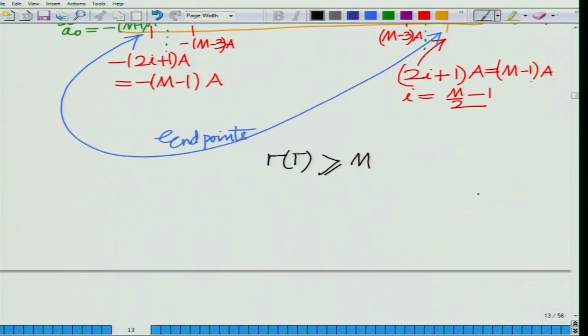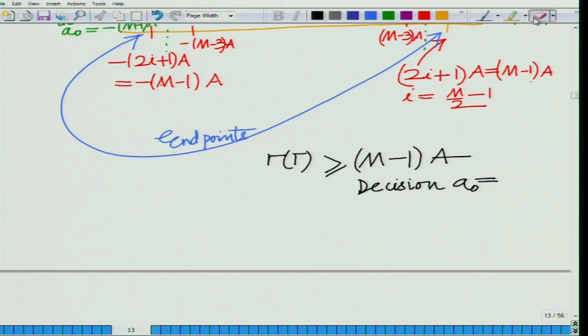Okay. Now, therefore, what we can say is, in the spirit of consistency, if R_t is greater than or equal to (M−2)a, in fact, that is the midpoint, R_t is greater than or equal to (M−2)a, the decision is a_0 equals (M−1)a.